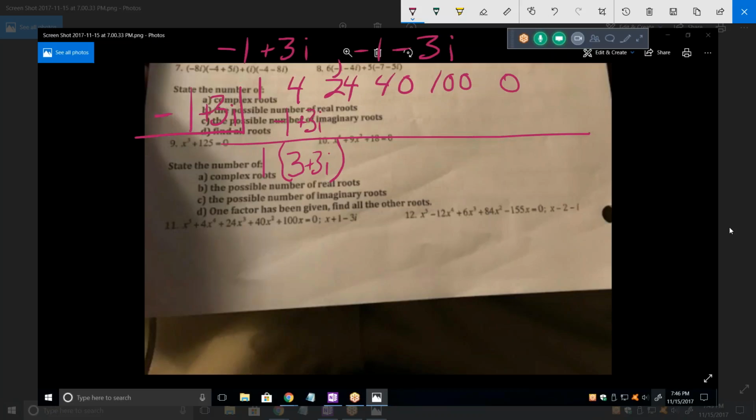Or -1 minus 9. Well, just a second. We're multiplying this times this. Okay, so -3. Gotta FOIL it. Keep going. Plus 9i squared. So minus 9.